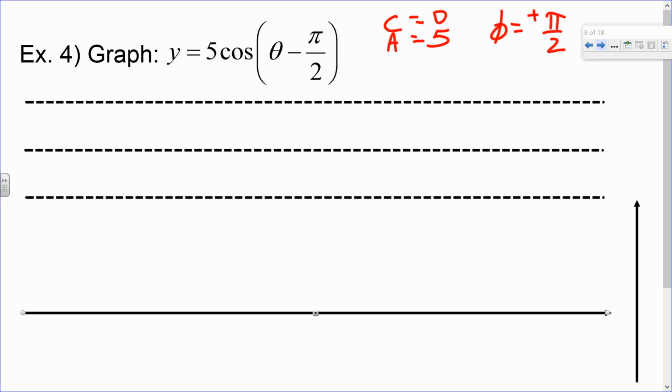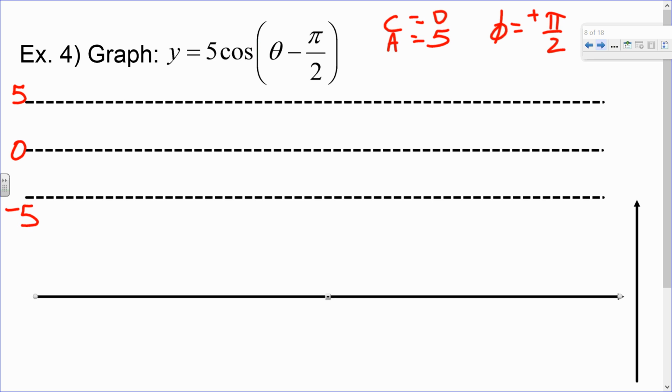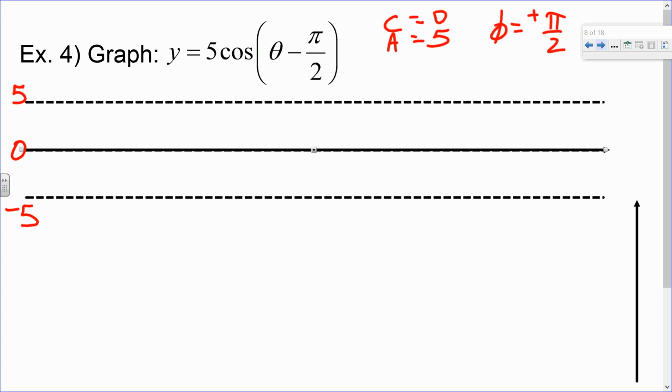So I'm going to have my three horizontal lines. The middle one is 0, the top one is 5, the bottom one is minus 5. Since I know one of them is 0, I know this middle one is the axis, so I can go ahead and make that a solid line. And this one is y and theta, so I will label that theta. I'm going to wait on y.